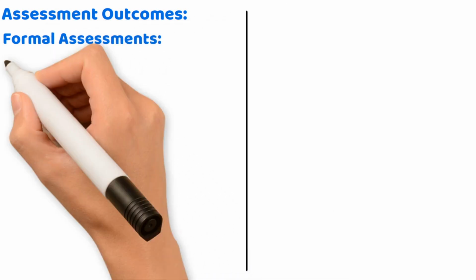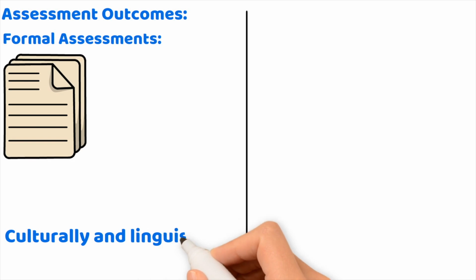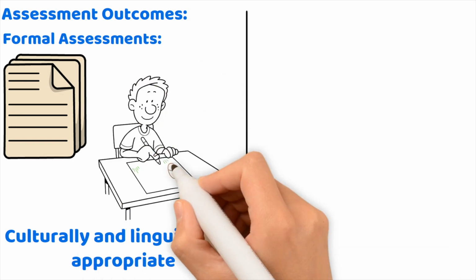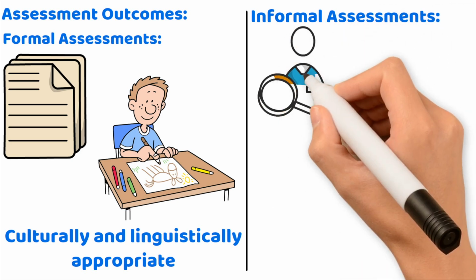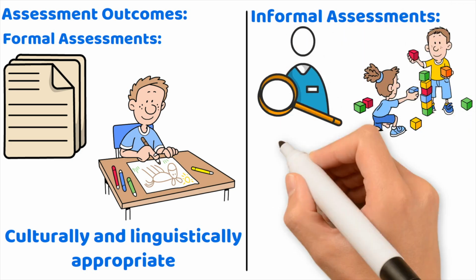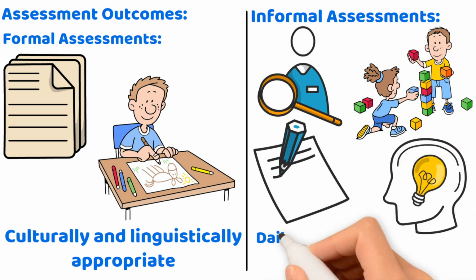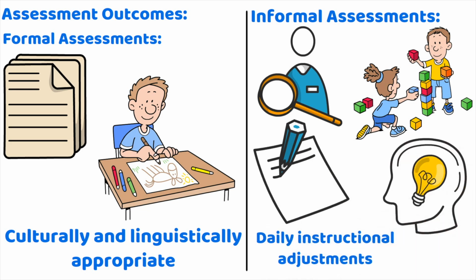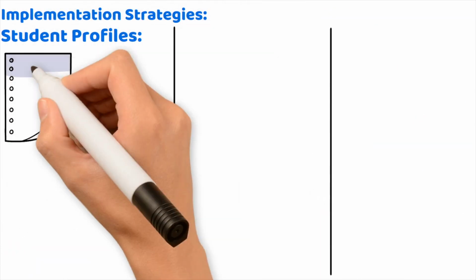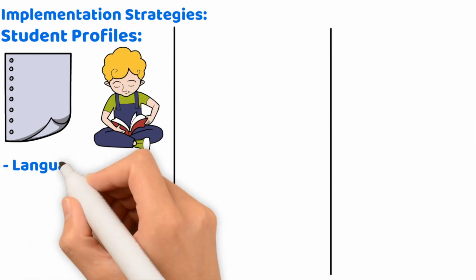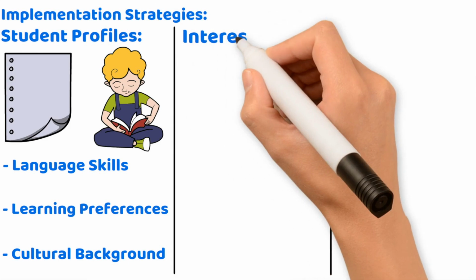Assessment outcomes. Formal assessments. Utilize standardized tests and quizzes that are culturally and linguistically appropriate to gather quantitative data on student learning. Informal assessments. Employ observations, student interactions, and ungraded assignments to gain qualitative insights into students' language development, crucial for daily instructional adjustments. Implementation strategies. Student profiles. Maintain detailed records of each student's language skills, learning preferences, and cultural background. Interest-based activities.